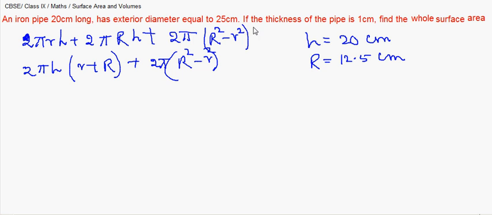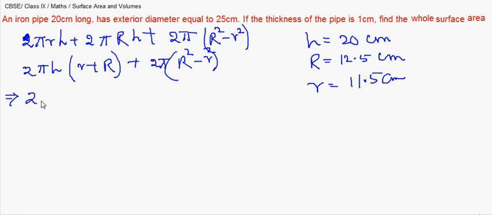If the thickness of the pipe is 1 centimeter, that means the internal radius will be 12.5 minus 1, so it is 11.5 centimeter. Once we subtract 1 centimeter from the external radius, we get the internal radius. Now I'll simply apply this in the formula.